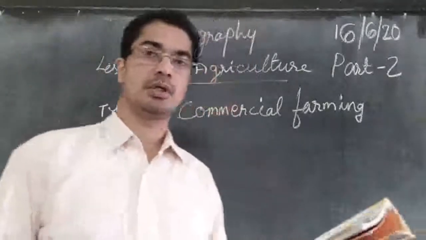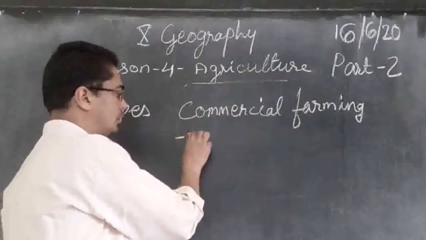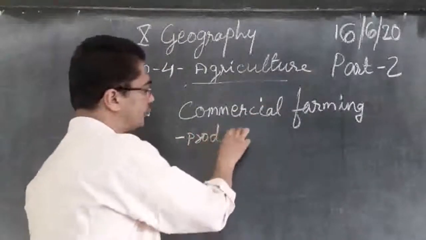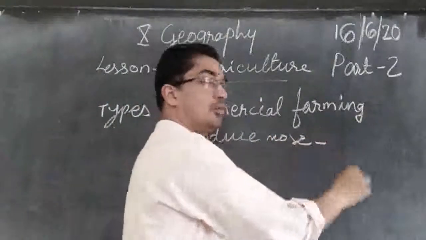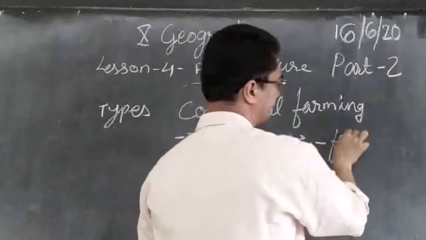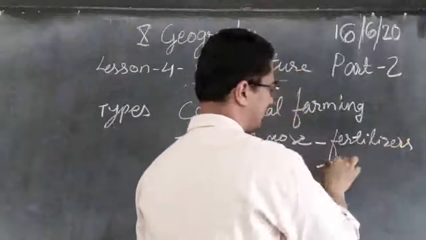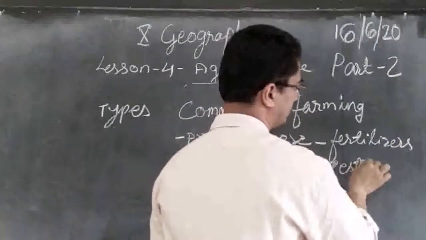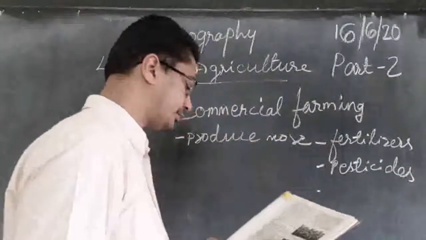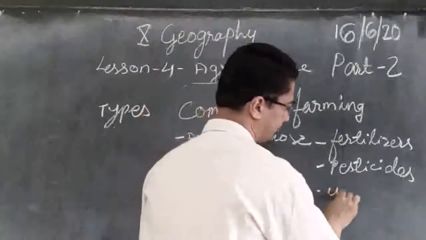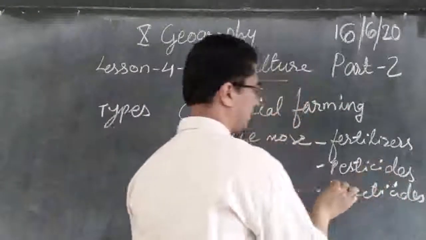The main purpose of commercial farming is to produce more. So to produce more, what do they need to do? They need more fertilizers, pesticides, then they need insecticides, and what else?